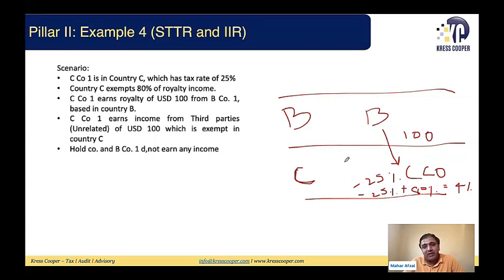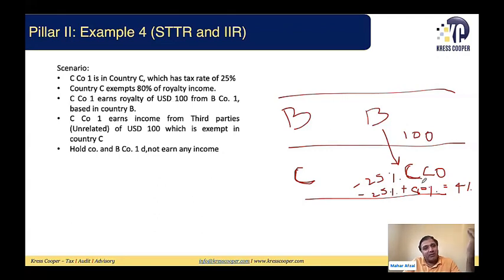then B, whenever making payment to C, has a right to apply the subject to tax rule, because the 9% tax is not applicable here on the royalty income. As we discussed in the beginning, for the country which is providing the services, if the 9% tax is not applicable, then the effective tax rate for the subject to tax rule is 9%.